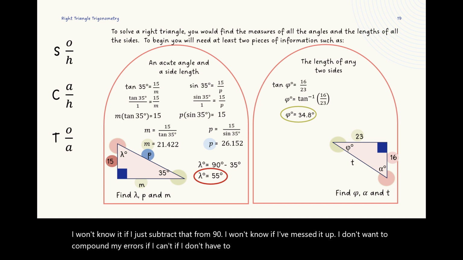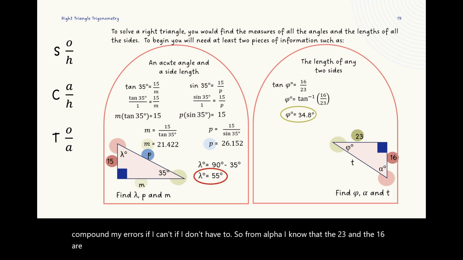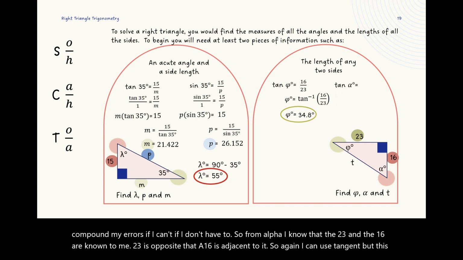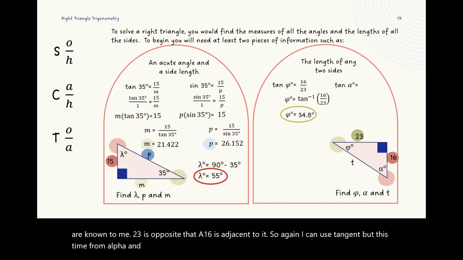So from alpha, I know that the 23 and the 16 are known to me. 23 is opposite alpha, 16 is adjacent to it. So again, I can use tangent, but this time from alpha. I have 23 over 16.